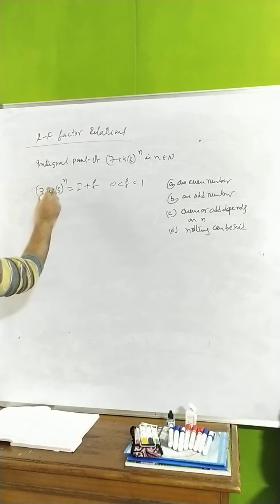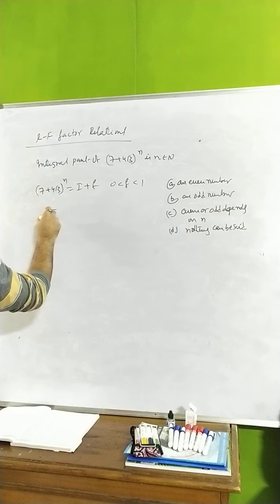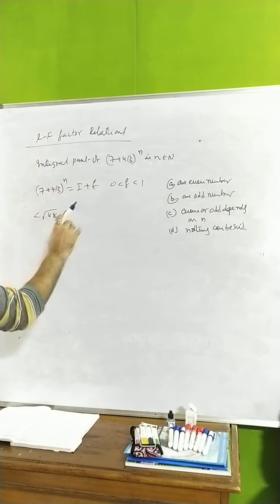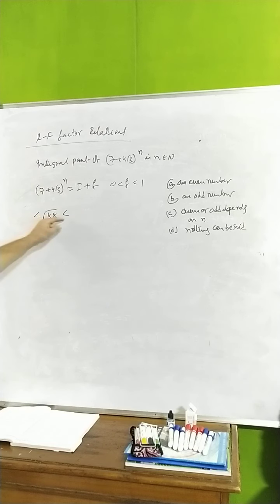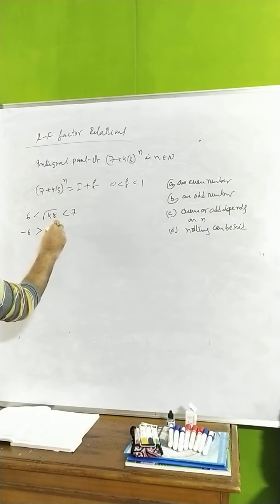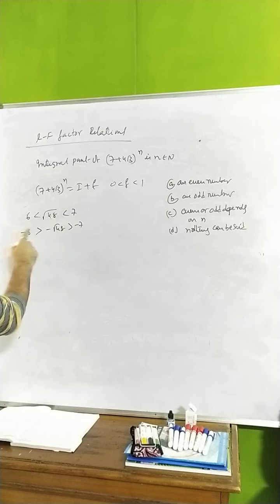Now you see what I suggested: take the 4 inside, this is root 48, 16 threes are 48. Now you write down the nearest integers before evaluating this. So the next one before this is 49, which means 7, and the next one, 36, means 6. Now what we have to do is minus 6, minus root 48 and minus 7, like this we did it.